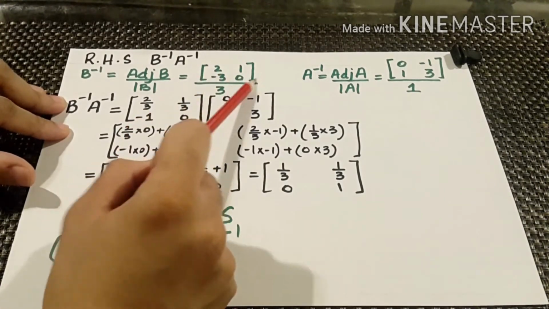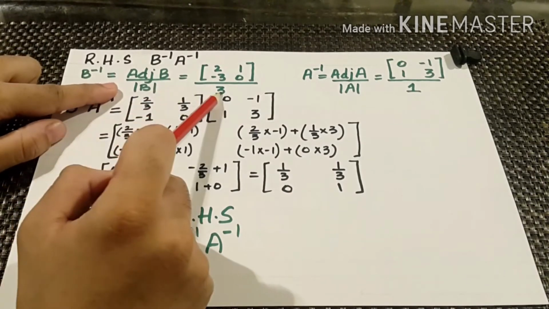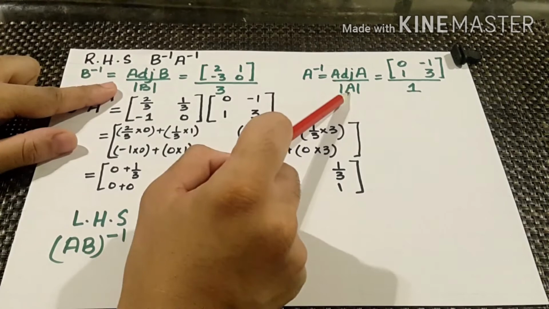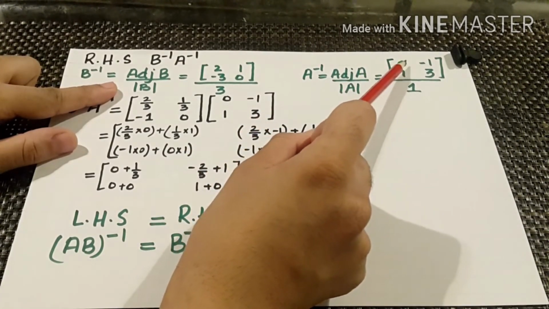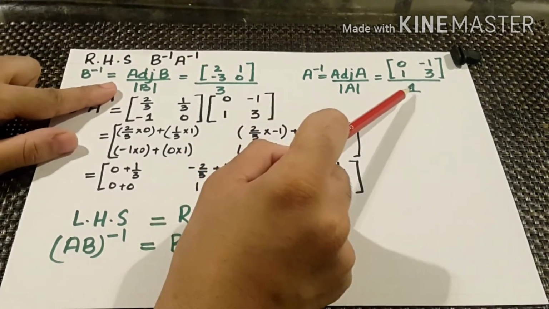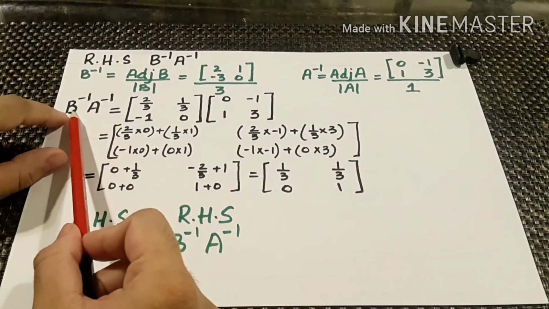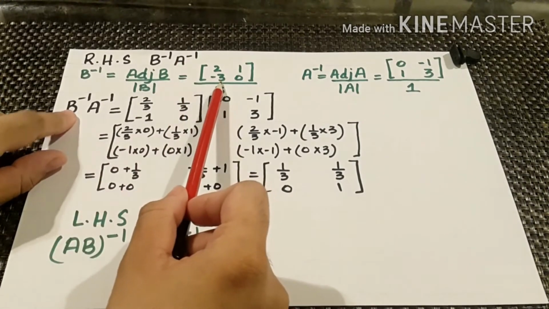We have calculated the determinant of B, that is 3. Now A inverse is adjoint of A over determinant of A. Adjoint of the A matrix is [0, -1; 1, 3], and the determinant of A we calculated is 1. Now we have to multiply both the inverse matrices that we have calculated.